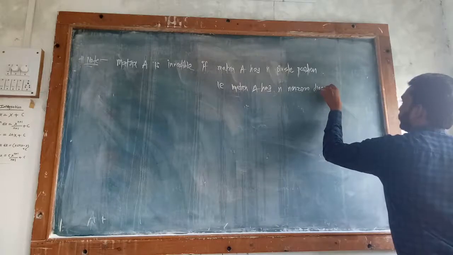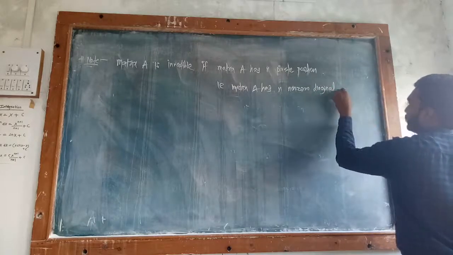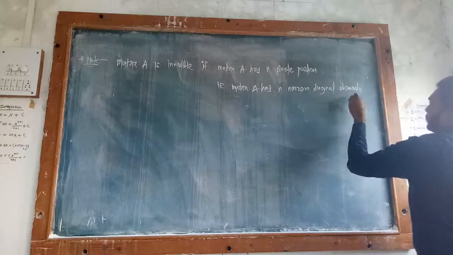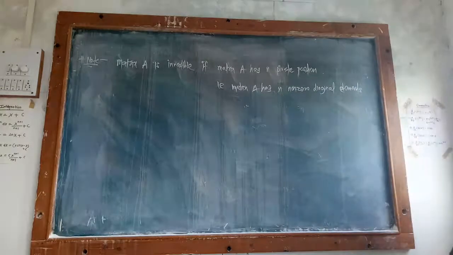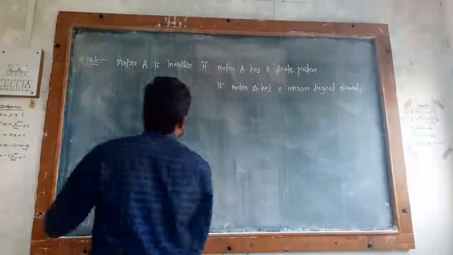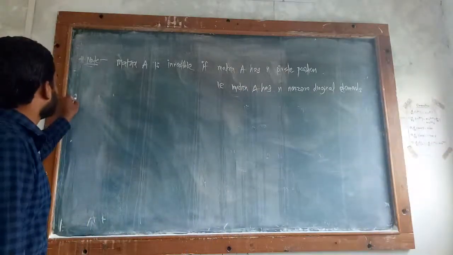This is your remark. If matrix A has n non-zero diagonal elements, then matrix A is an invertible matrix. So let us write down a question.